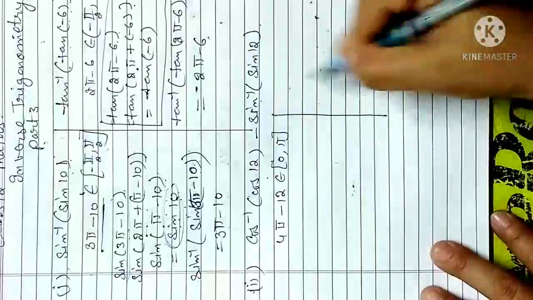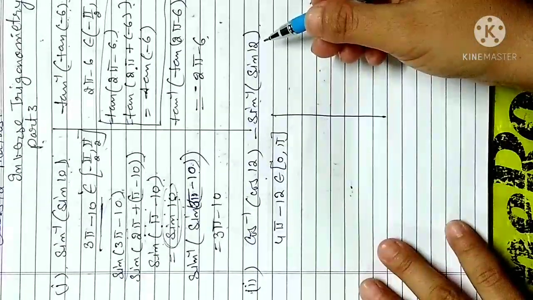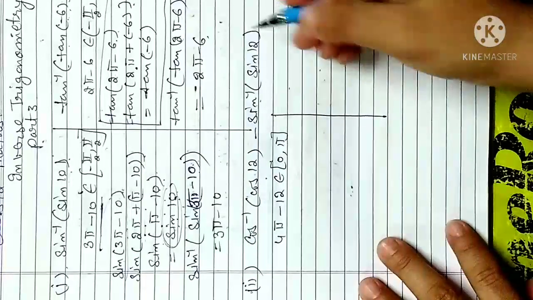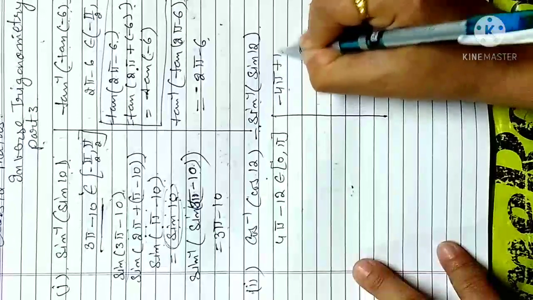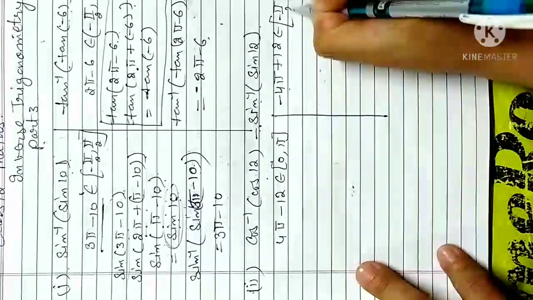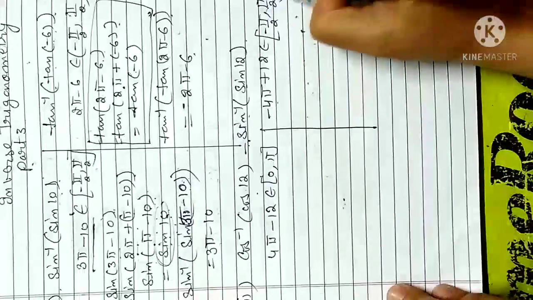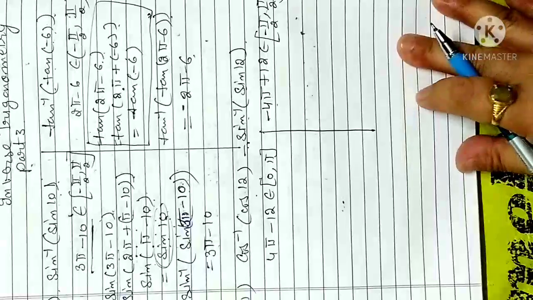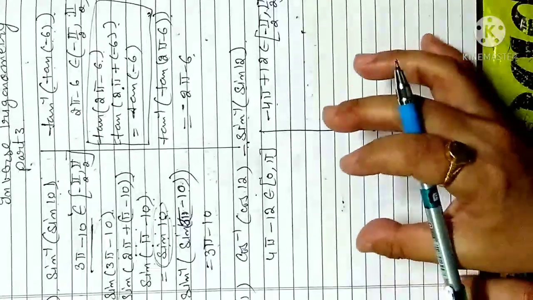But in the second case, in sine, the values lie between minus pi by 2 and pi by 2, so minus 4 pi plus 12 will be considered, in which both values minus pi by 2 and pi by 2 are included. Now you have to go further.